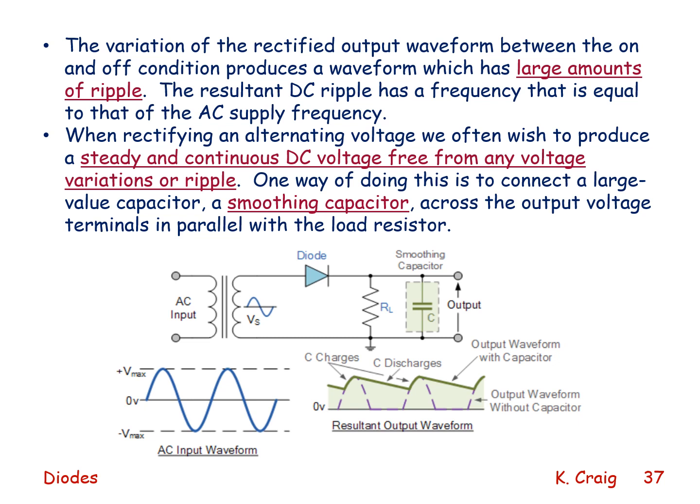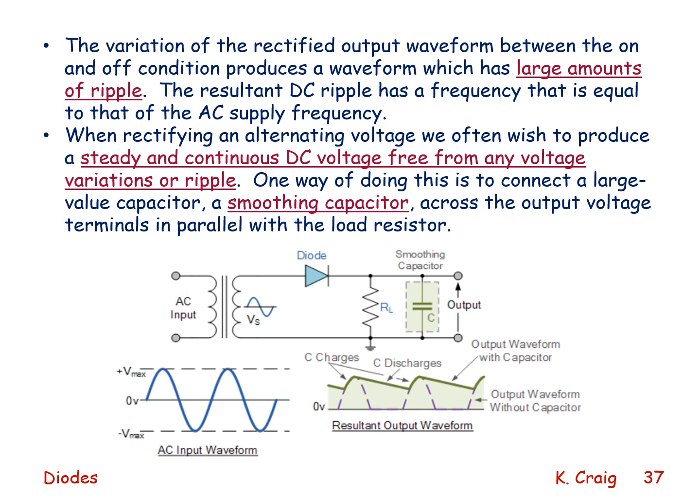When rectifying an alternating voltage, we often wish to produce a steady and continuous DC voltage free from any voltage variations or ripple. One way of doing this is to connect a large value capacitor, a smoothing capacitor, across the output voltage terminals in parallel with the load resistor.